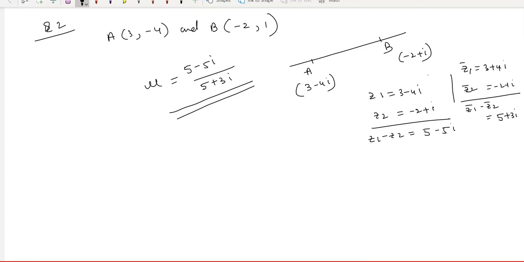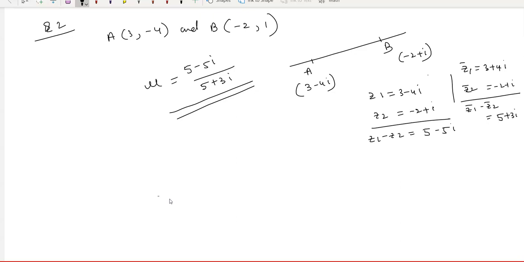Just tell me one thing. What is the length of a line? That representation I gave you in terms of vectors: if Z1 is represented by the point a plus ib, then the vector will be directed from the origin to the point (a, b). This I showed you last class, along with the sum, product and division of two complex numbers.